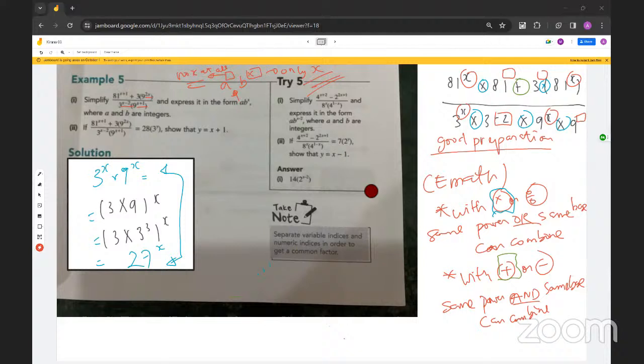Principle: with times or division relationship, we can combine if either the power is the same or the base is the same. I've repeated that 3 times. I really mean it that you can always do this. You cannot do A Math without this. If your A Math teacher doesn't teach you this, there lies the problem. Do you understand what I'm saying here?